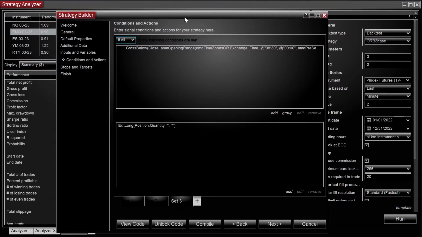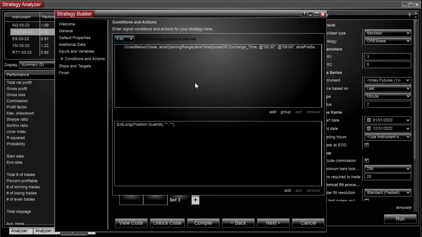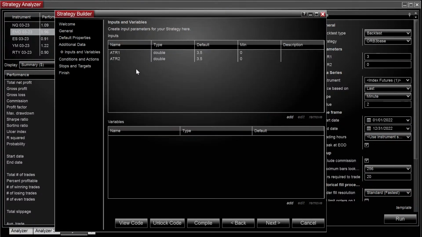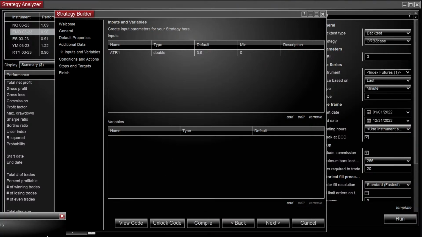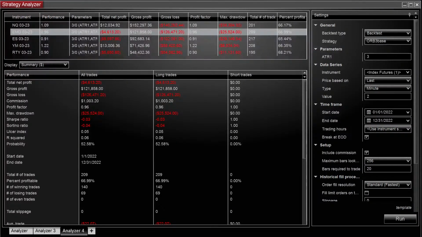So for example, this is the builder for the ORB 3 base. So I actually need to take that ATR2 out because it's not being used. That is my bad on that. There we go. So the ATR1, as you know, is the trailing stop, right?